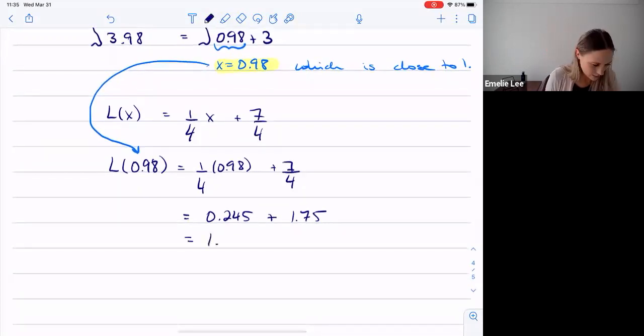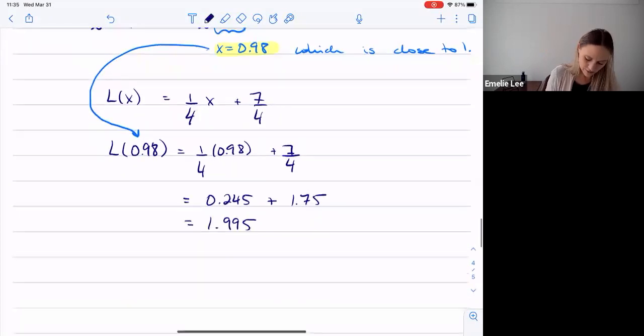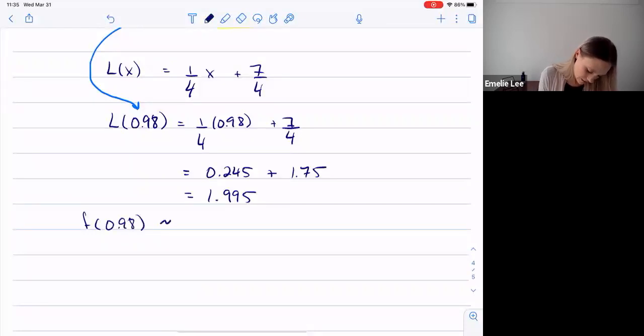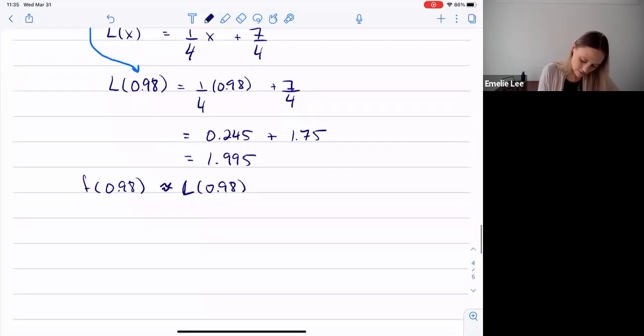So then I get 1.995. And then what we said was f of 3.98, f of 0.98, is roughly equal to L of 0.98, right? So it's roughly equal to 1.995.